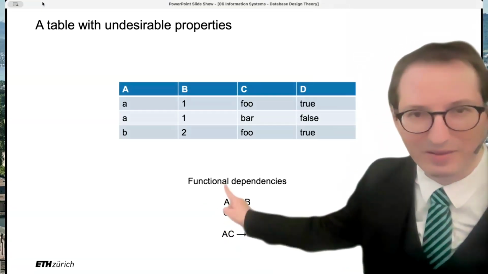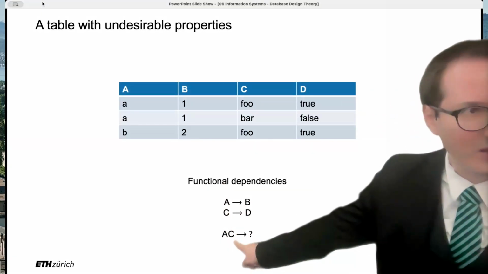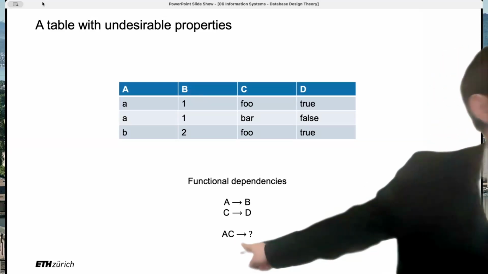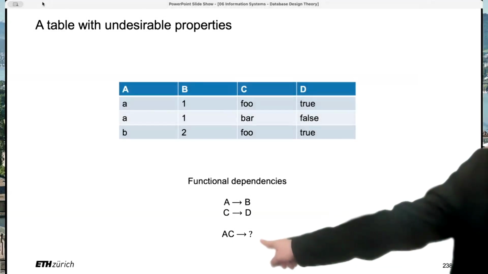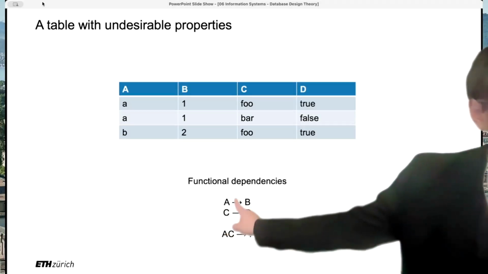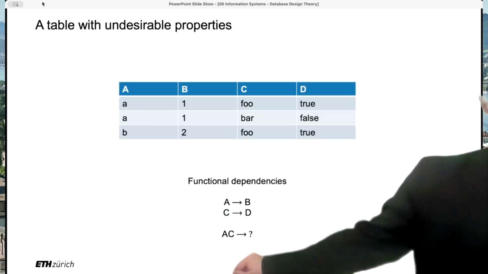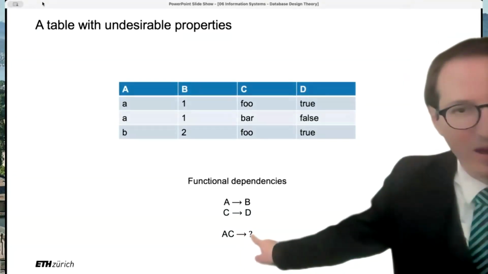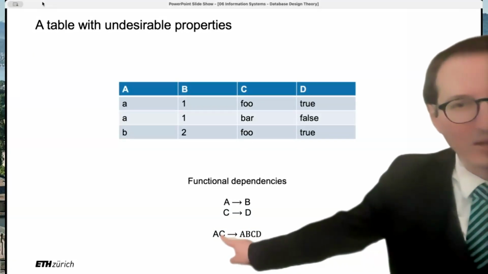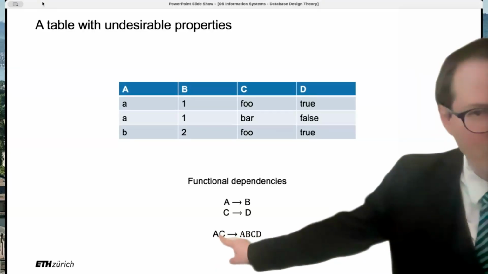For example, if I have AC, what is the closure of AC? Anybody? What is the closure of the set of attributes AC, given this? What can you add? Yes? B and D. So we have ABCD. What can we say about AC because of this? What is AC?